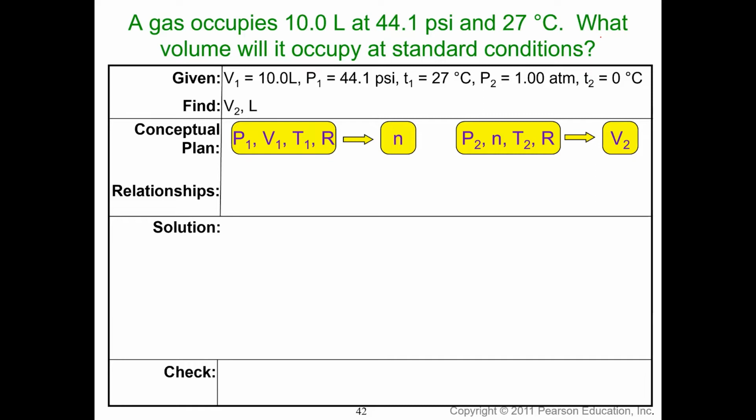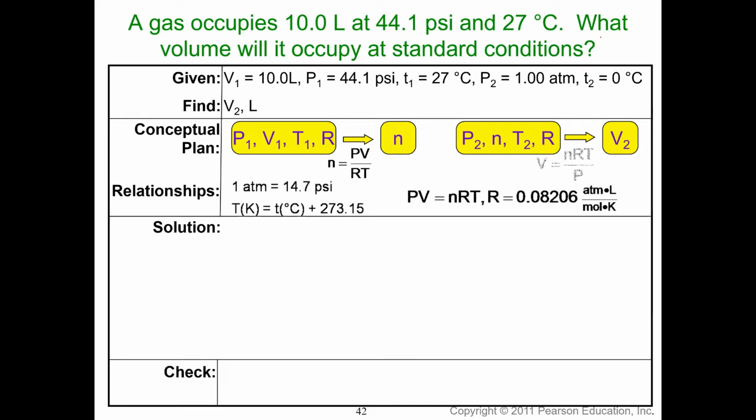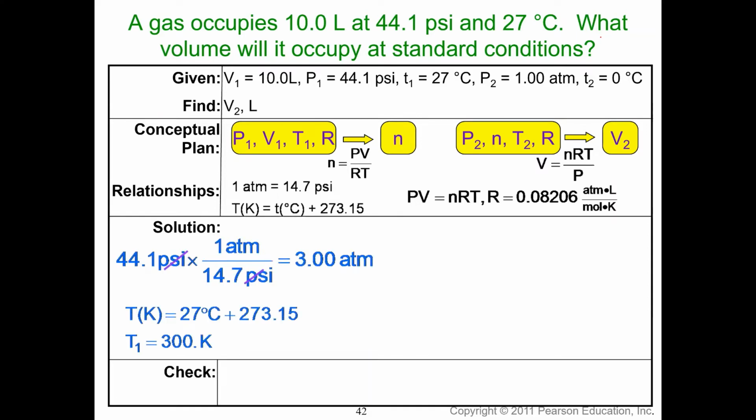As I said, there are a couple of ways you can do that. Let's just do it this way: find the moles, and then put it in the next one to find the volume.